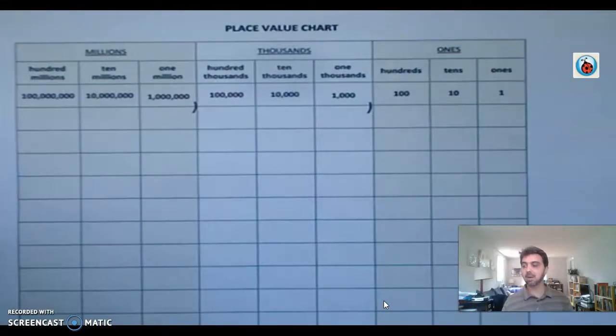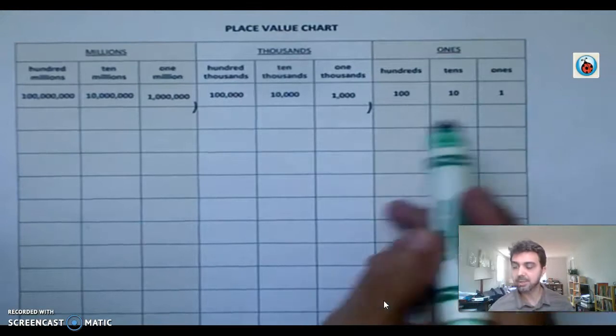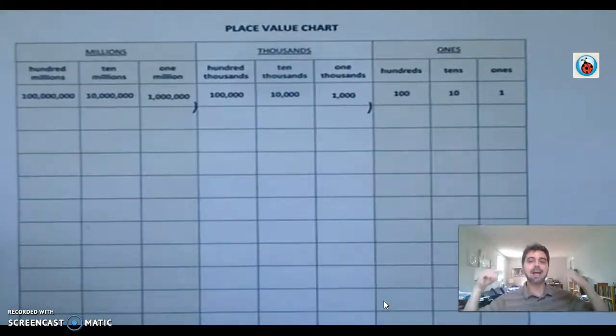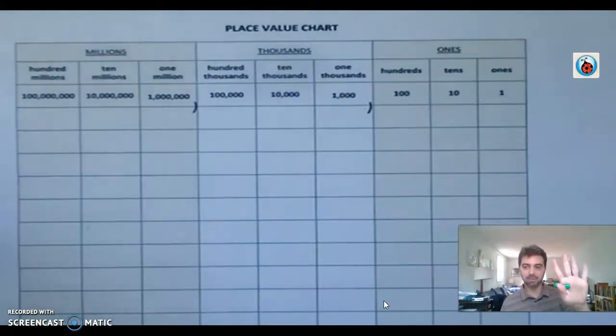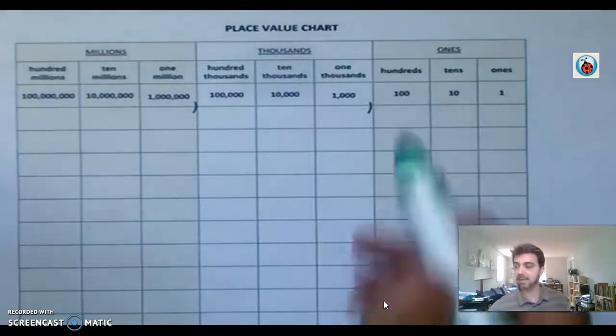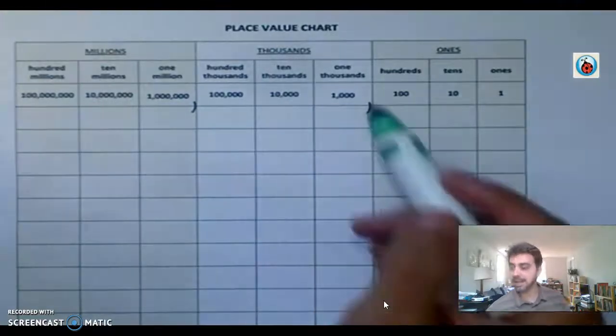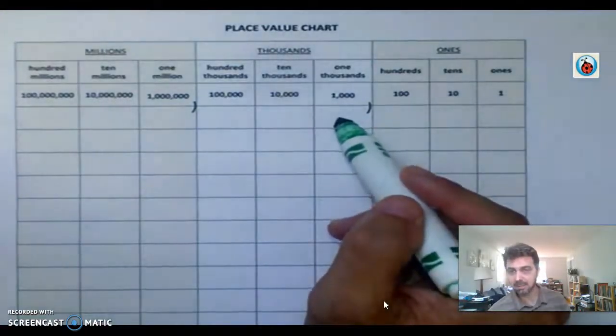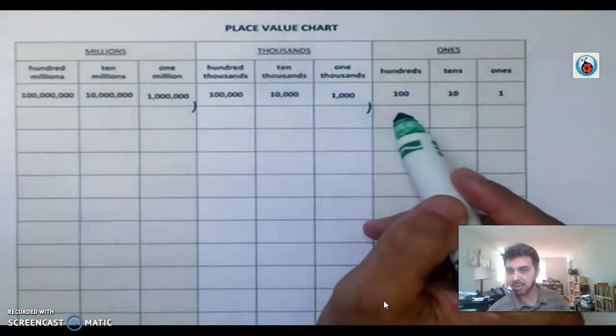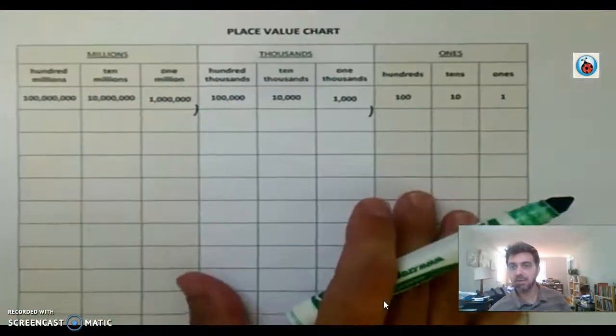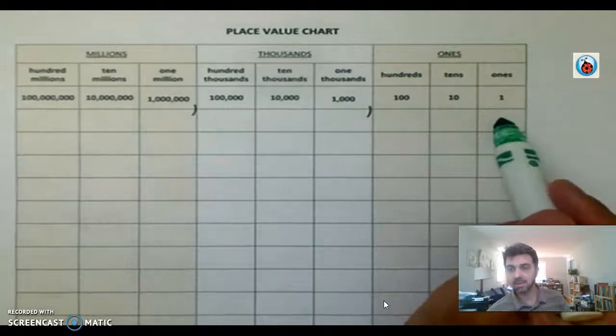If we're only using 4 digits, what is the highest place value we could possibly put a digit into? The 1,000s, right? Because we're going to do 1, 2, 3, 4 digits. Now I could put the 8 here in the thousands place, or in the hundreds, tens, or ones place.